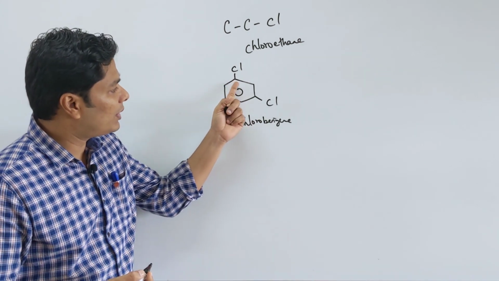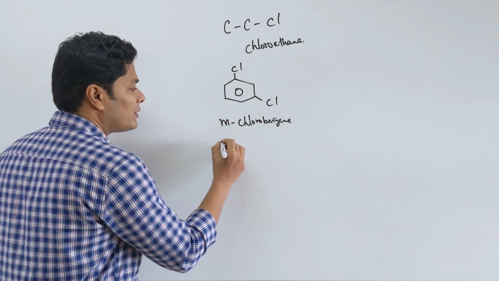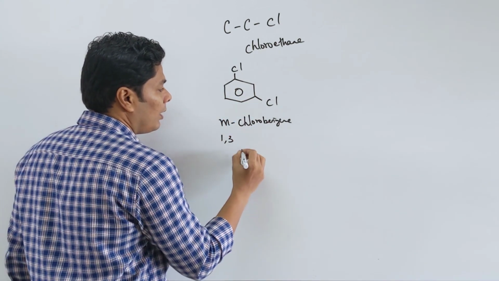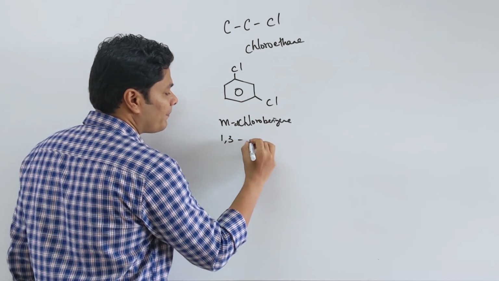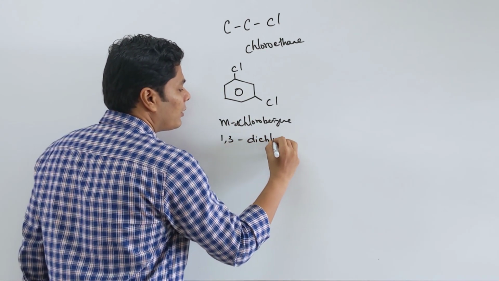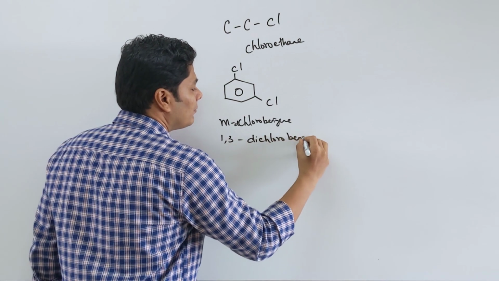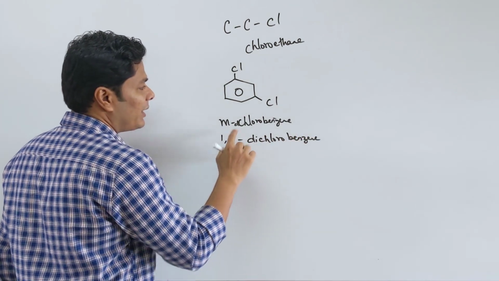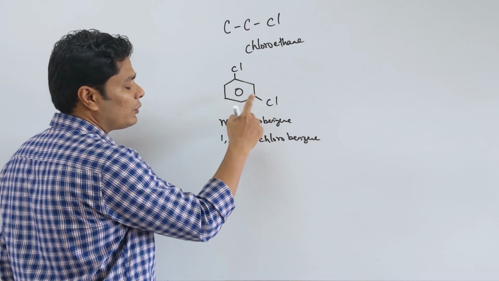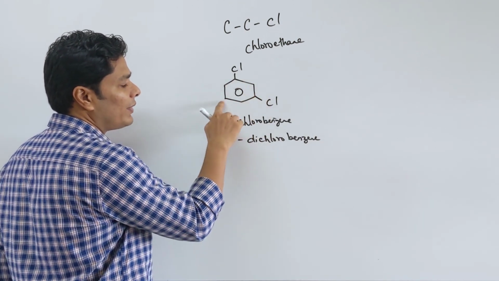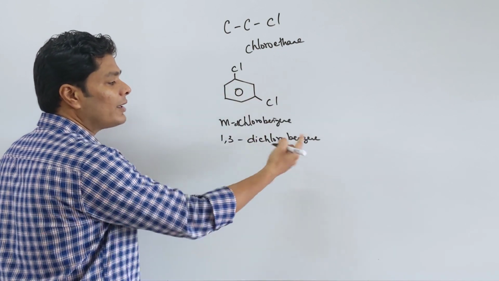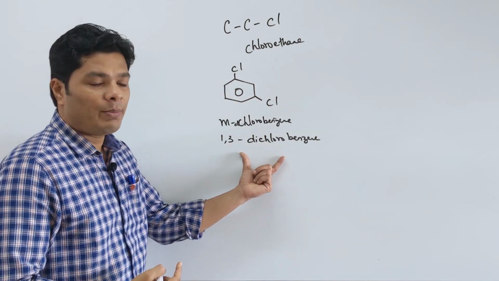So, this is carbon 1, carbon 2, carbon 3. So, this is meta dichlorobenzene, 1,3 dichlorobenzene. So, if it were here, 1,2, 1,4, and so on and so forth. If you have one more chlorine here, it will be 1, 2, 3, 4, 5. So, 1,3,5 trichlorobenzene. That's how you are going to name it.